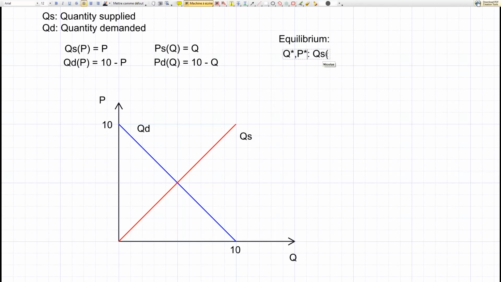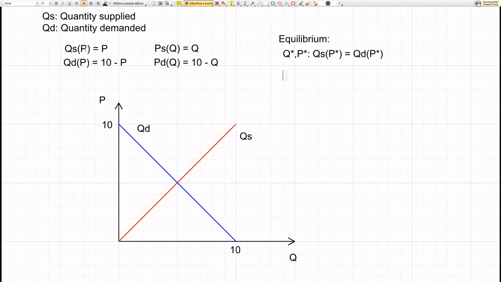And it's such that QS of P star equals QD of P star. So quantity supplied at the market equilibrium price is equal to the quantity demanded at the market equilibrium price. So there is no excess demand, no excess supply.